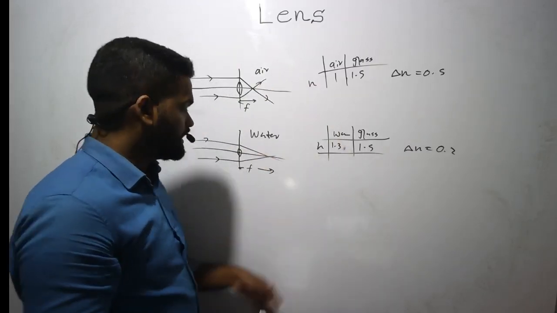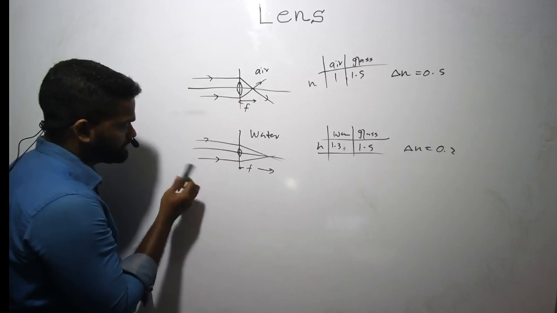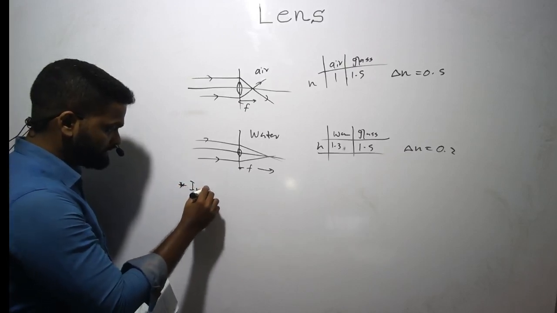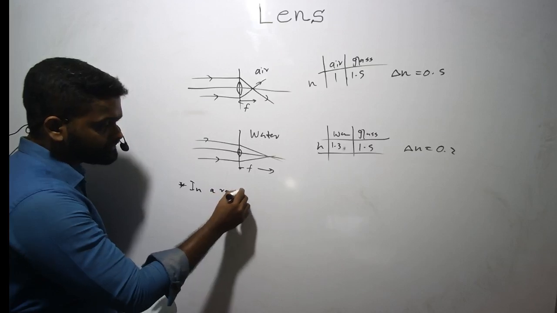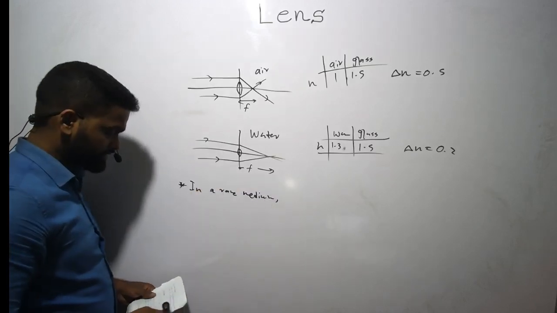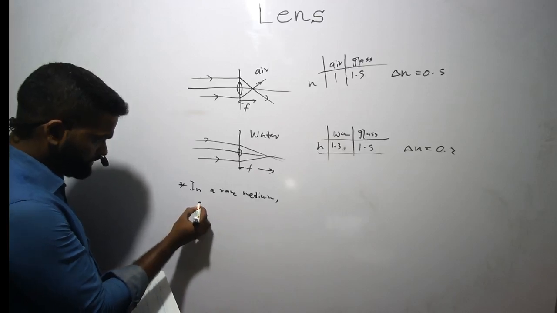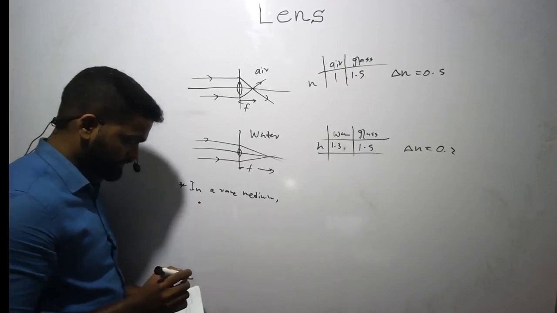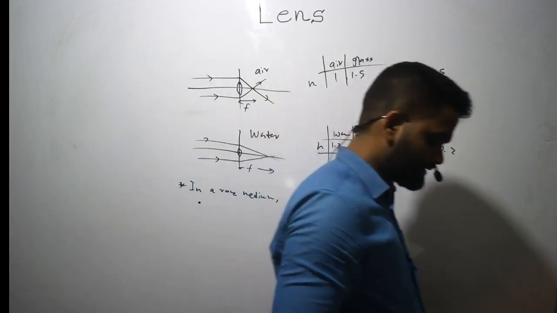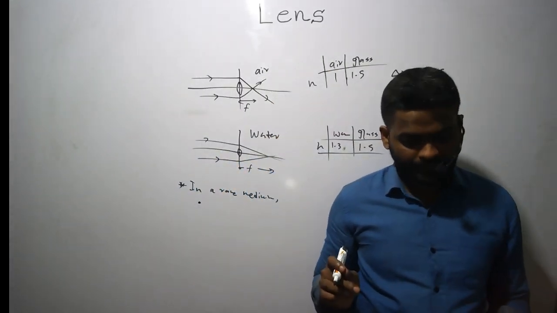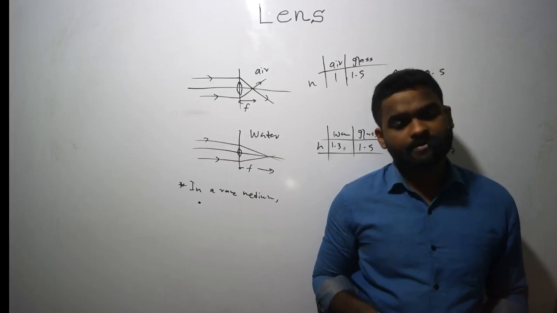Below this, put an asterisk mark, then write: in a rare medium, first point, convex lens shows converging properties.